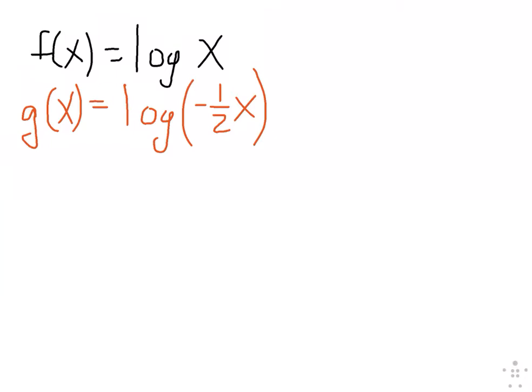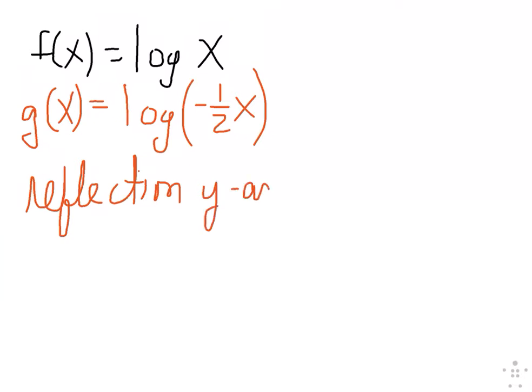So, from the top one to the bottom one, what's changed? What's one of the transformations? Okay, I heard reflection in the y-axis. That's the negative part. Now what? Horizontal something.